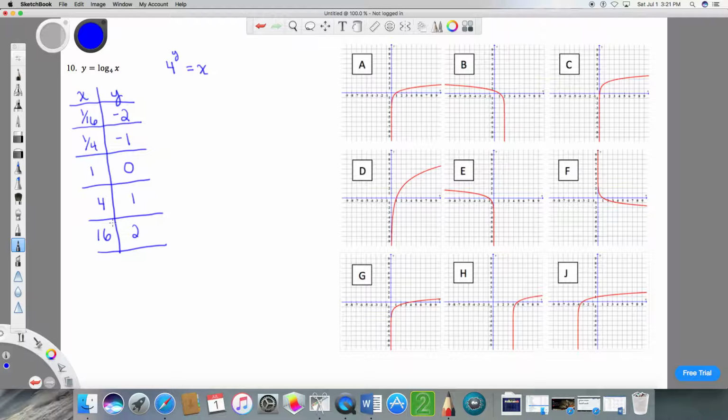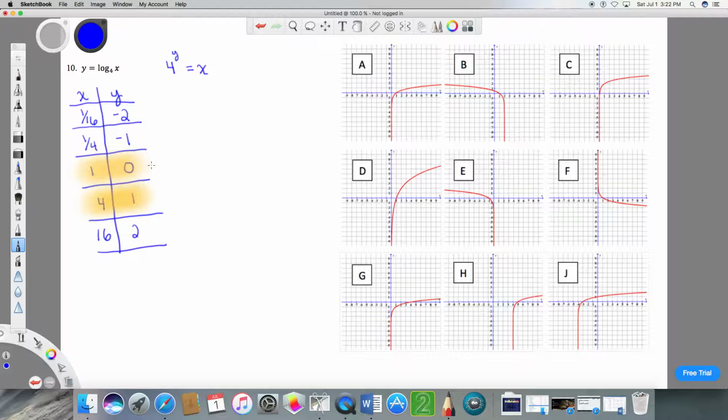Now, I think that all we'll need for this is just a couple of these points. I think that if we simply use (1, 0) and (4, 1), that'll be enough to whittle it down to the right answer, I believe.